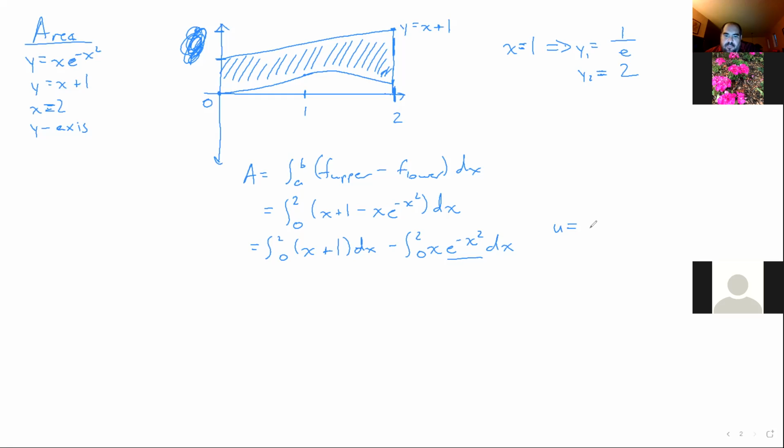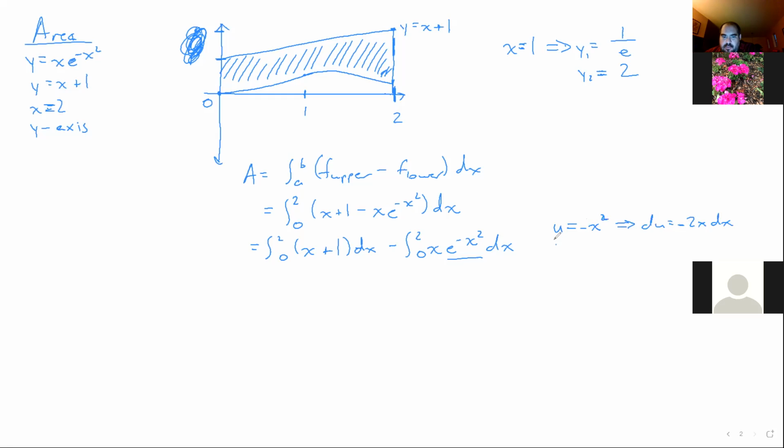All right, so what did you say you wanted u to be equal to? Negative x squared or x squared. Let's do negative x squared. They would both work. So du is equal to negative 2x dx. Where do I go from here? You would plug 0 and 2 into u.